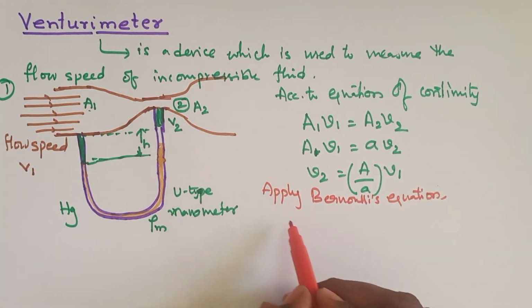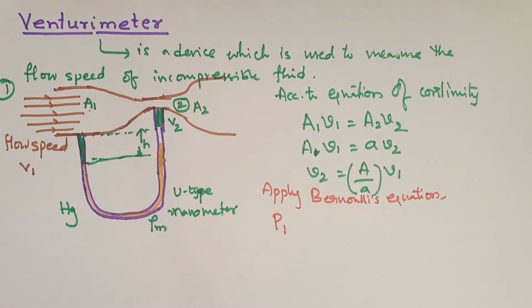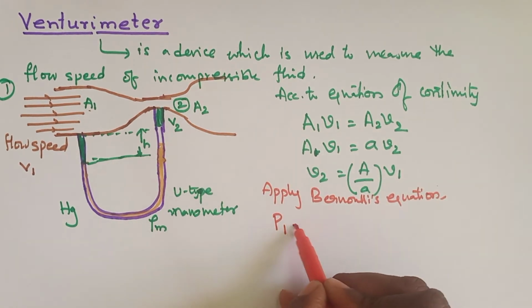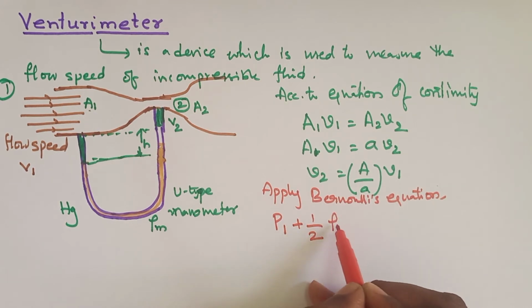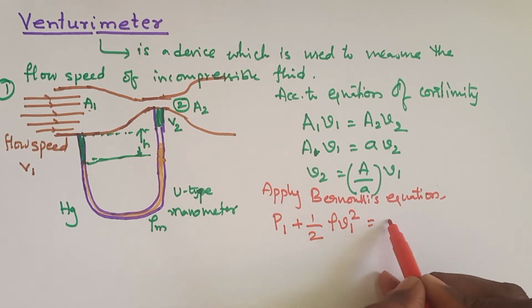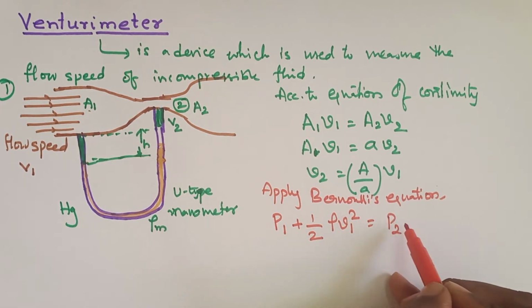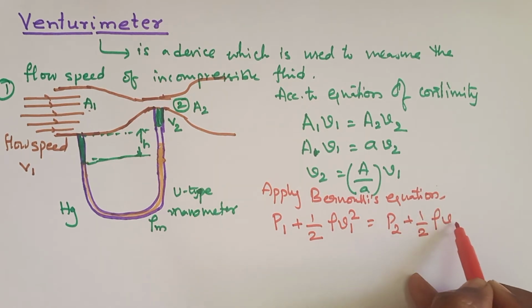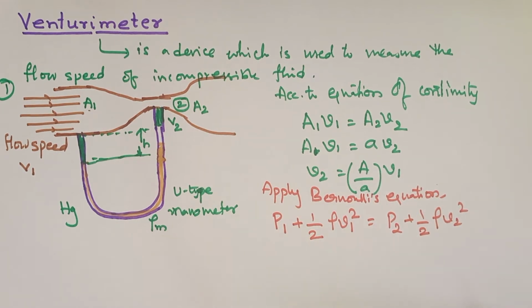First, P1, the pressure where the flow is entering, plus half rho V1 square, rho of the fluid, not rho m, is equal to P2 plus half rho V2 square.